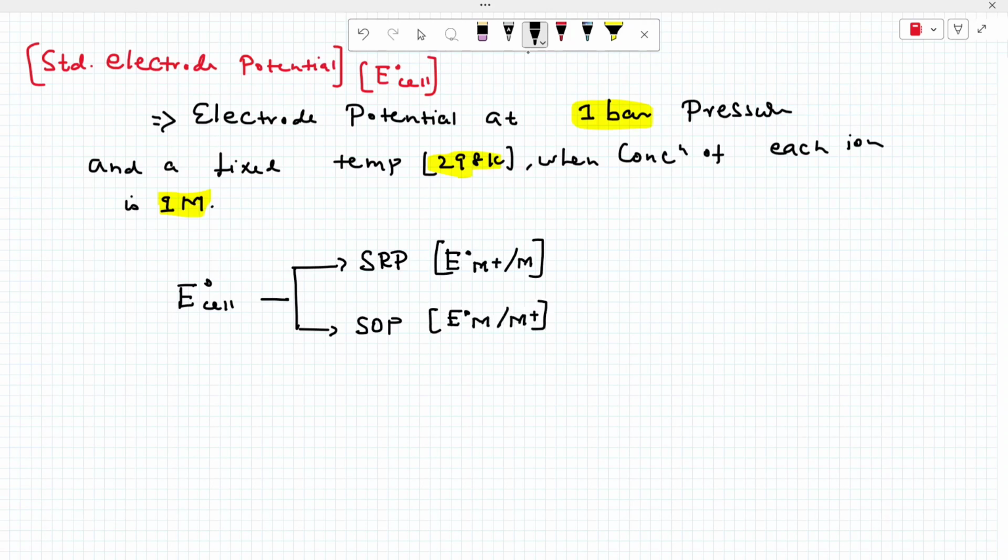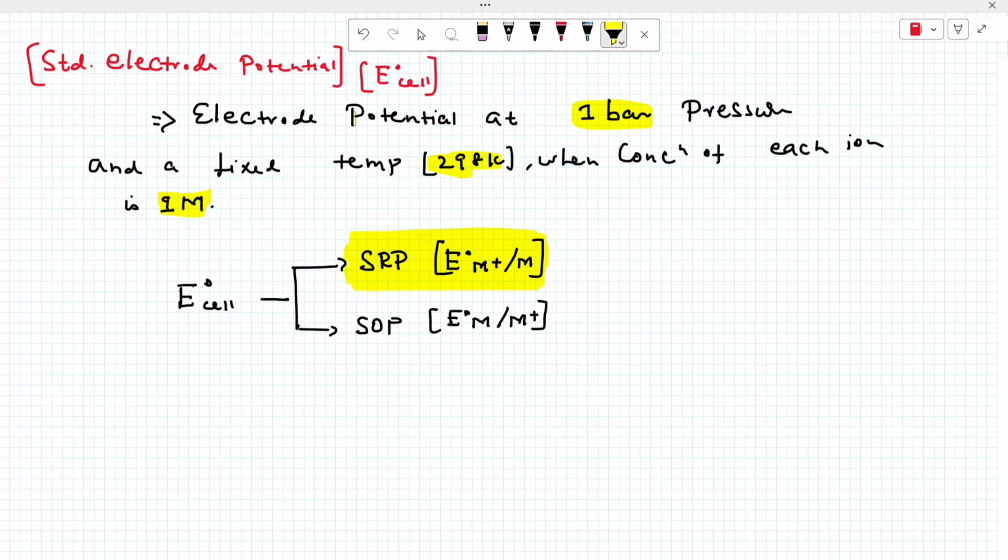This is standard oxidation. Okay. Now, in most cases in electrochemistry, we use only what? SRP. This is very important. SRP is the common one. Most problems we have done are with which value only? Only SRP. Most problems are based on SRP only. Okay. Very important, please note.